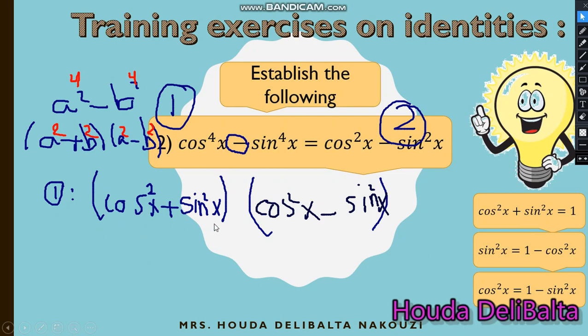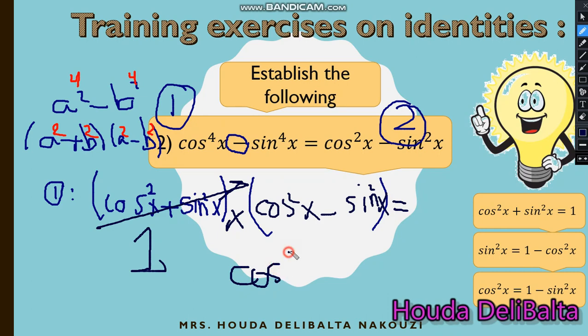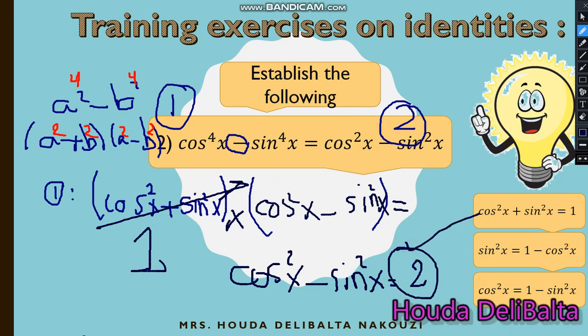So I can simply replace this by 1, and here we have a multiplication sign, so definitely I will get cosine squared x minus sine squared x, which is equal to the other side that I named 2, and thus the identity is verified.